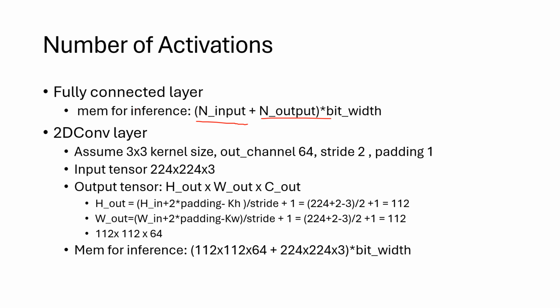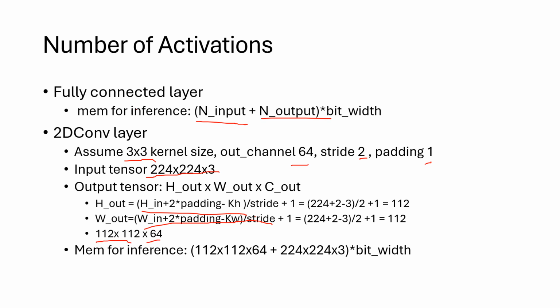When it comes to the 2D convolution layer, we actually need to figure out the input tensor dimension. In this case, we choose this dimension. That's the dimension needed by the ResNet. And we assume a 3x3 kernel size, output channel 64, stride 2, and padding 1. With this information, we can use these two formulas to calculate the dimension of the output. And since we defined the 64 channels here, the third dimension is 64.